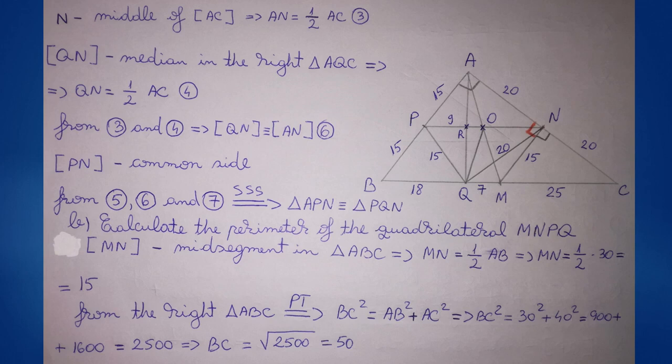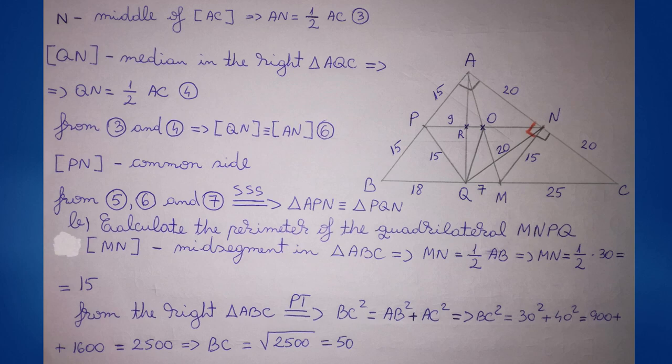The segment MN is a mid-segment in the triangle ABC, so MN is half of AB. From this we have that MN is equal to 1/2 of 30, which is equal to 15. From the right triangle ABC, we have with Pythagoras' theorem that BC squared is equal to AB squared plus AC squared.